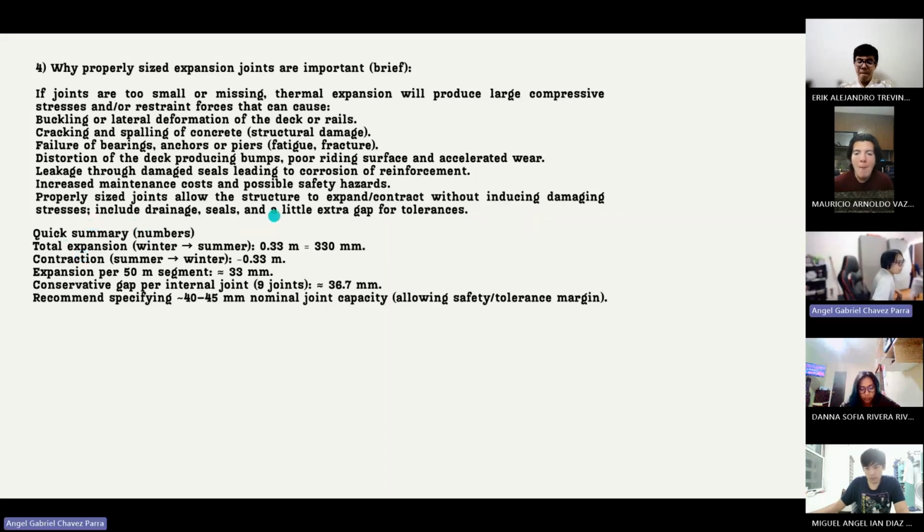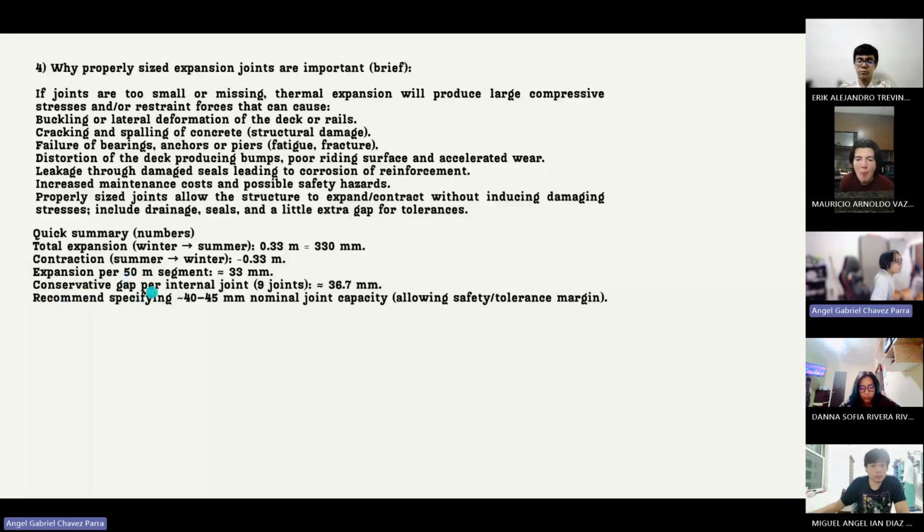Strengths include the joint seals and a little extra gap. A quick summary of the numbers: total expansion winter to summer is 0.33 meters, 330 mm. Contraction summer to winter is 0.33 meters.